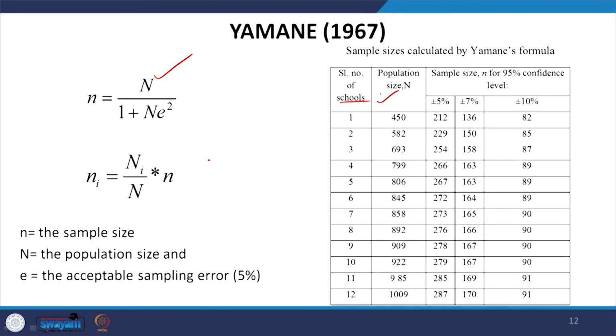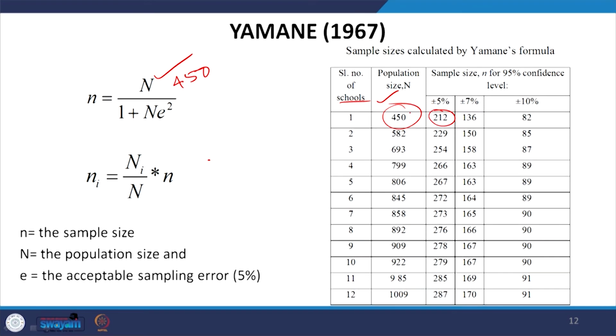Sample sizes for a 95% level of confidence with 5%, 7% or 10% error, different indicators, are given. If you simply enter the population, that is 450, you get 450 divided by 1 plus 450 times the error, that is 0.05 squared. If you multiply that, this boils down to a sample size.